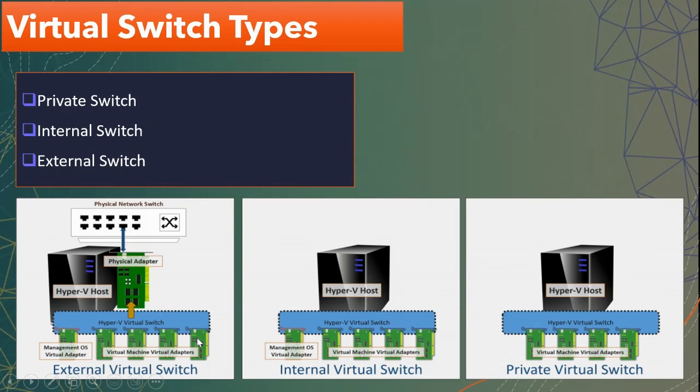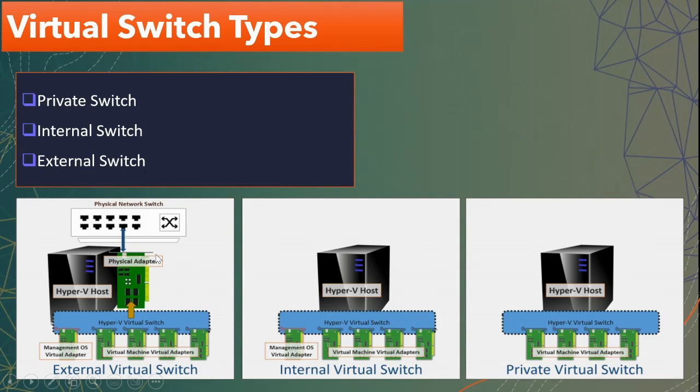So this adapter can communicate with all these virtual machine virtual adapters. And then we have a physical adapter connected to this Hyper-V virtual switch, to the external switch. And then this physical adapter is connected to our physical switch in our LAN environment so that it can communicate to the external networks as well with the help of switch and then routers connected to our environment.